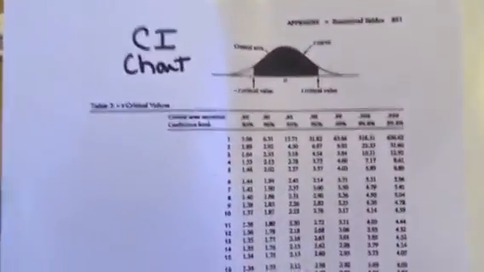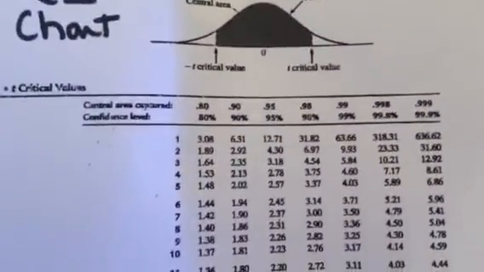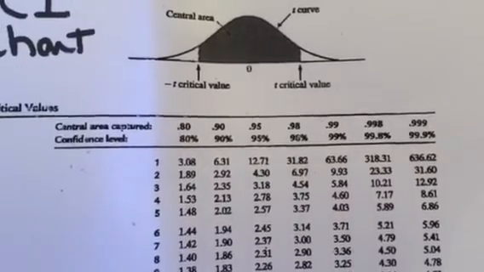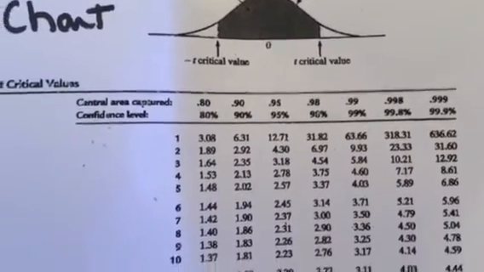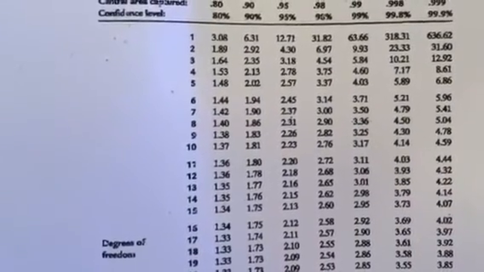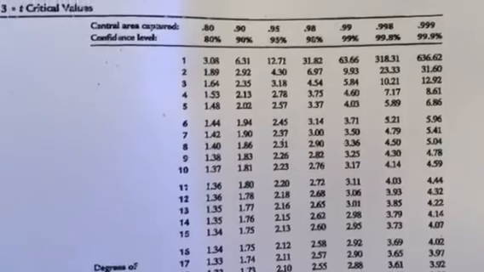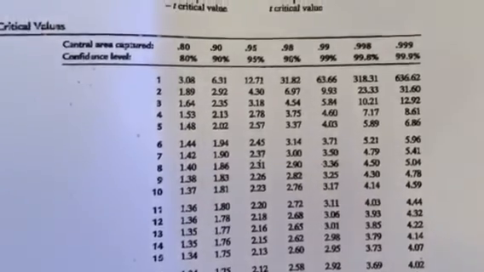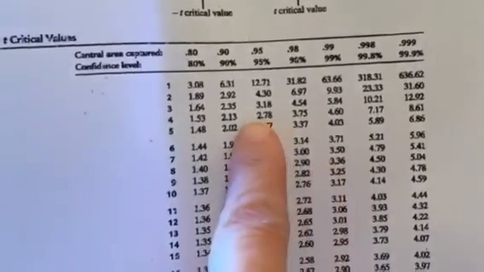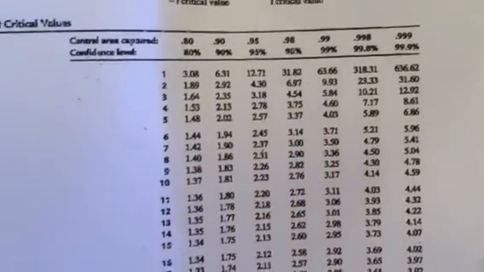That is the confidence interval chart, and if you zoom in, you can see the confidence levels across the top, like 90, 95, 98, and then all the numbers on the left-hand column are called degrees of freedom, which is sample size minus 1, and then you will find whatever t value that you need.